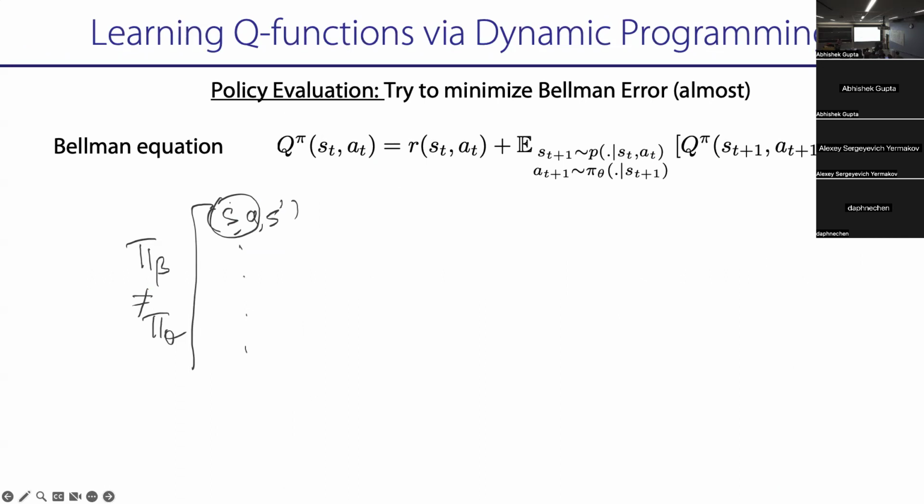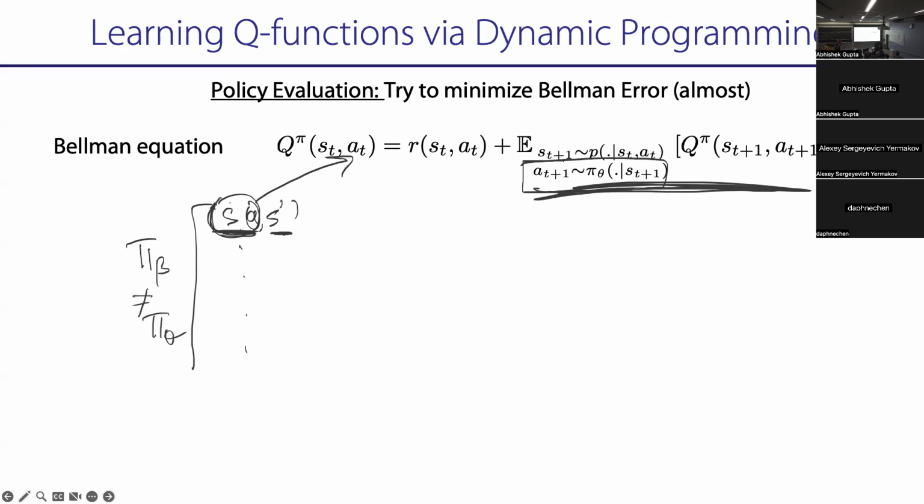What you're going to say is that because your first step can come from something different, this data will tell you S and A transitions to S prime, but then your future Q is evaluated on A, which is sampled from pi theta at S_t+1.